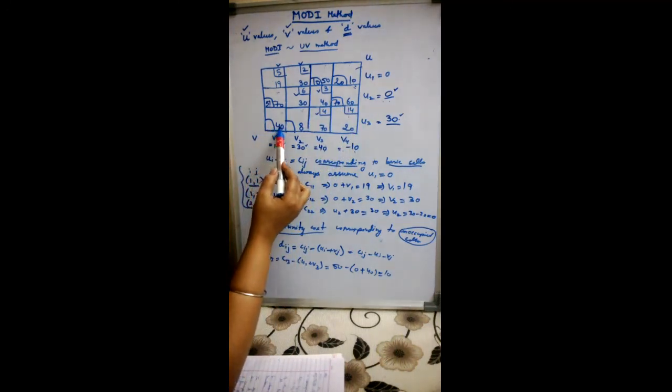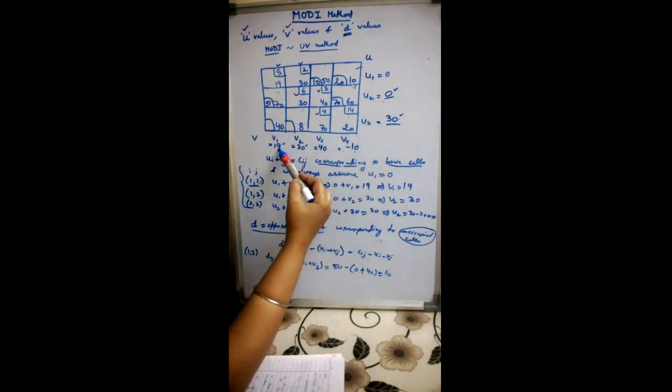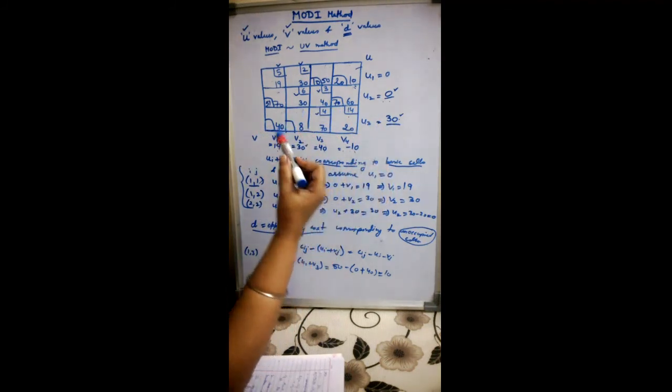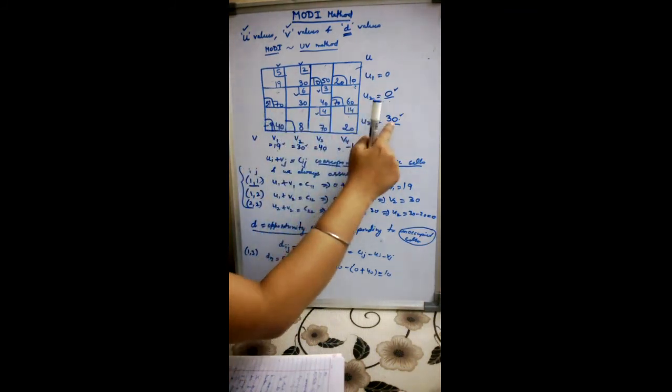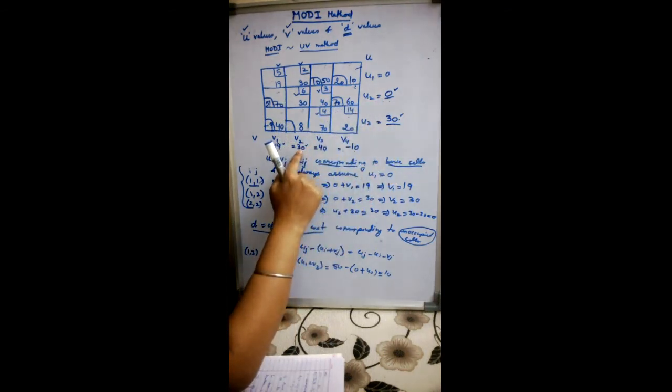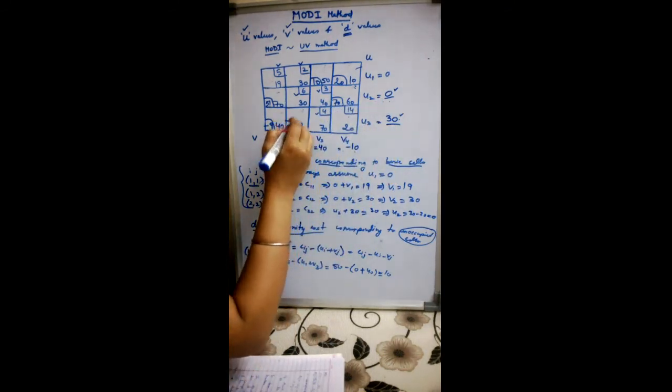For this cell, 40 minus 30 minus 19, that is 40 minus 30 is 10, 10 minus 19 is minus 9. Coming to this cell, what is the Dij value? 8 minus 30 minus 30, which is equal to 8 minus 60, that is minus 52. Okay, so this is how we obtain the d values.